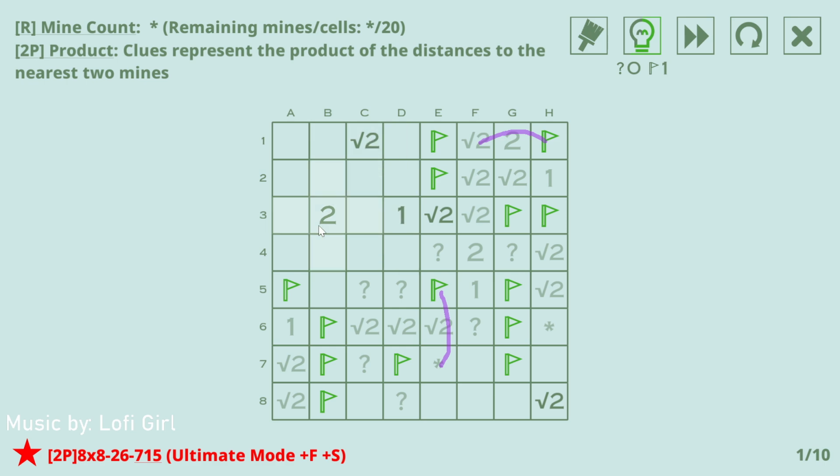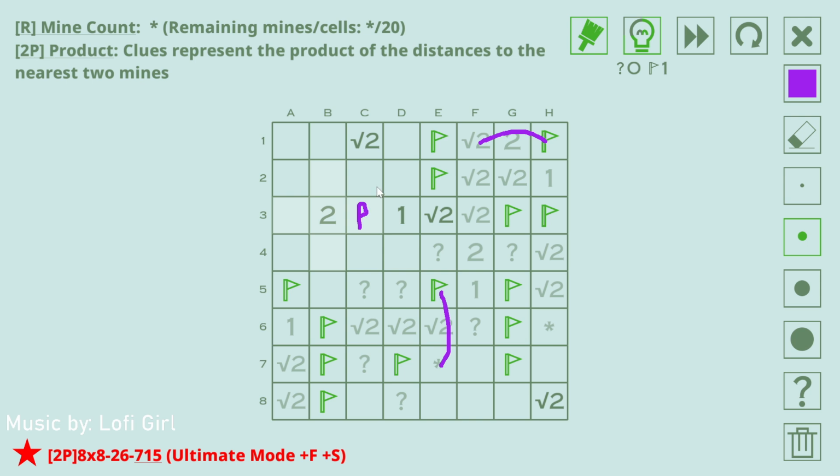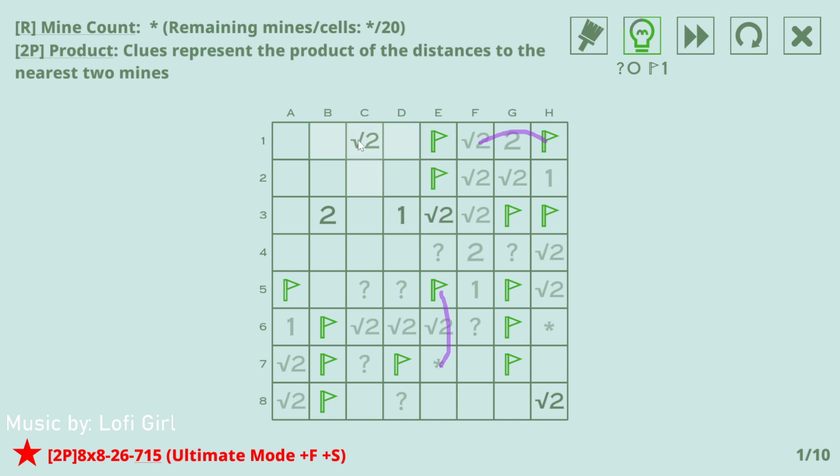Might have to work with these numbers now. Not entirely. Although I suppose if this is a mine, then you break all of these cells, which I'm not sure. No, actually we are looking for a mine, so really we should be testing if things can be empty or not.